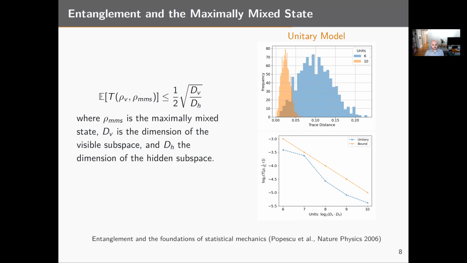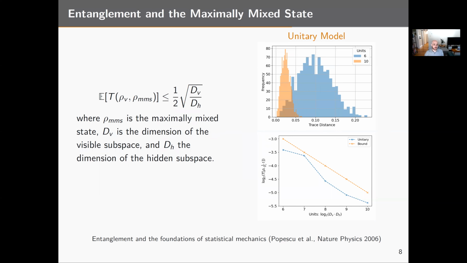We start by diving into the thermalization literature by considering our model as a bipartite system, where one subsystem corresponds to the visible subsystem, and another subsystem corresponds to the hidden subsystem.